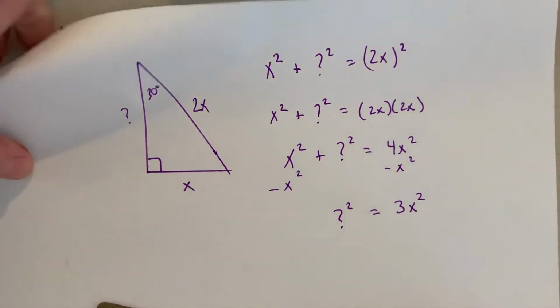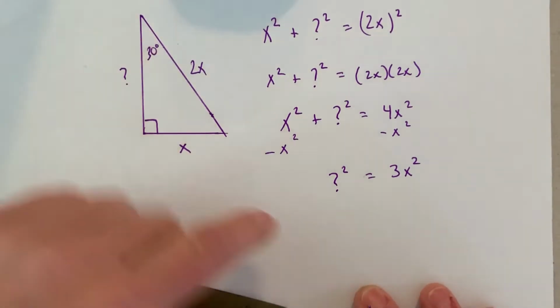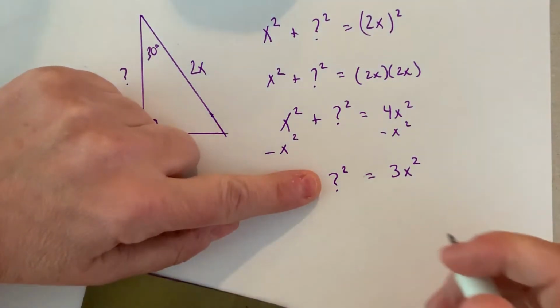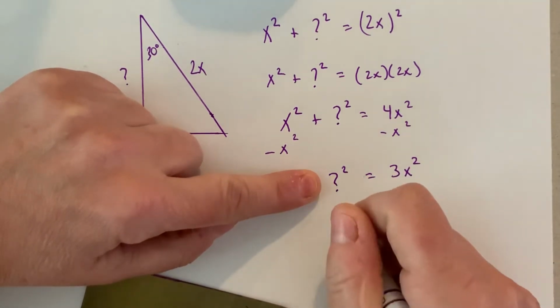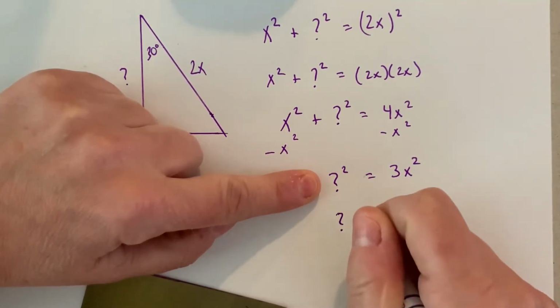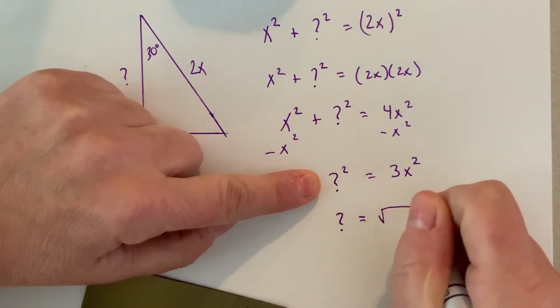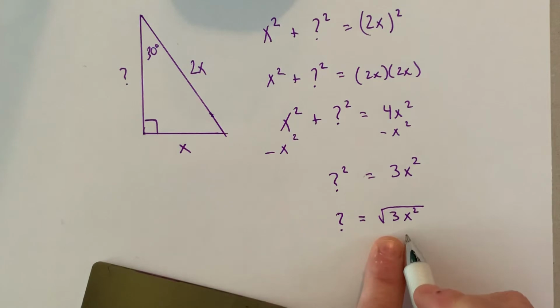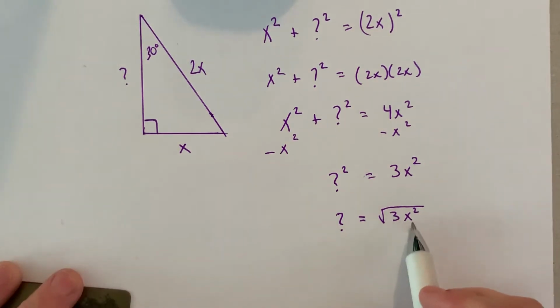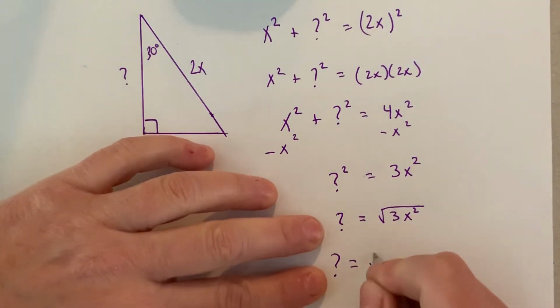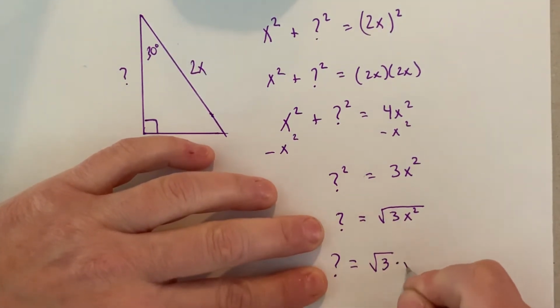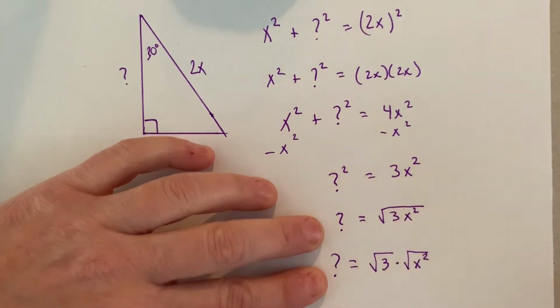How am I going to solve for that question mark? Well, I think I need to take the square root of both sides. So the square root of question mark squared is just question mark. And now I need to figure out what this guy here is. Okay, so keep in mind, this is a product. So I know that that means that it's the same as root 3 times the square root of x squared.